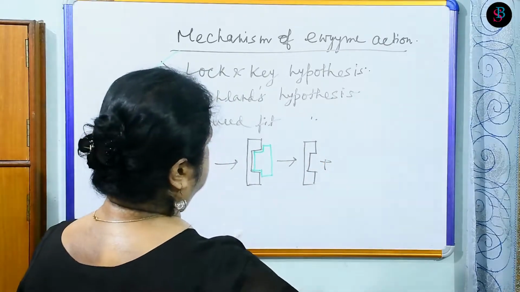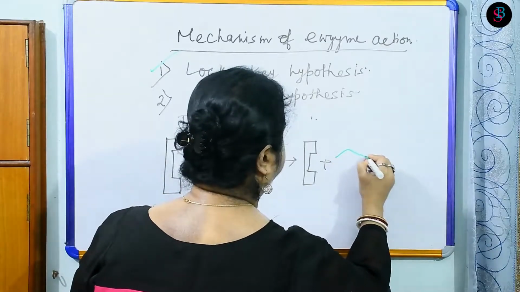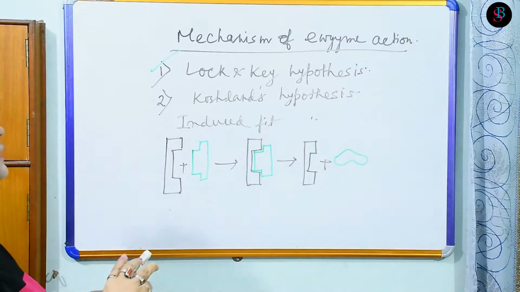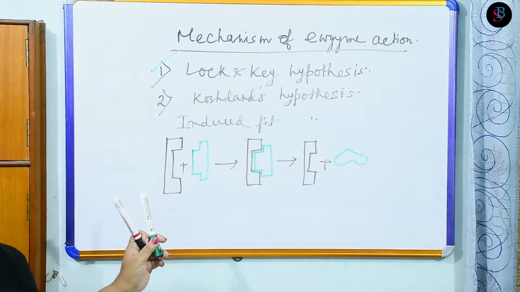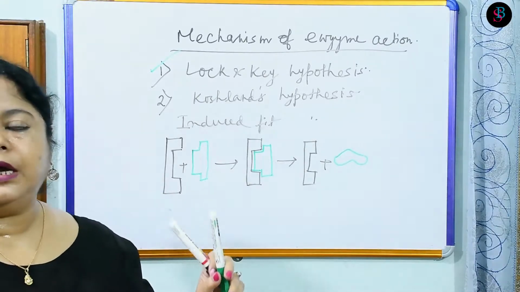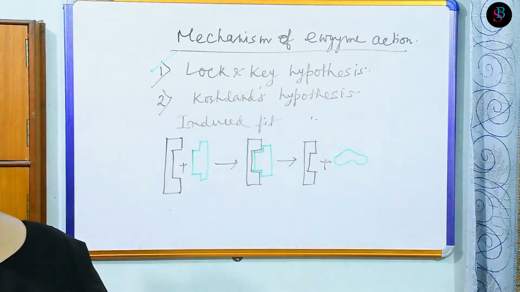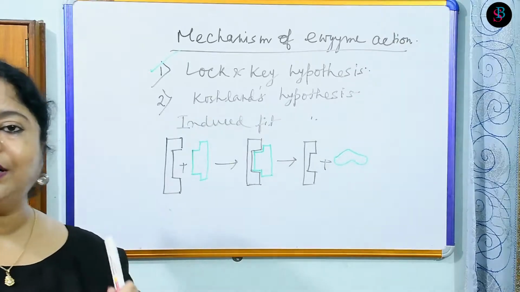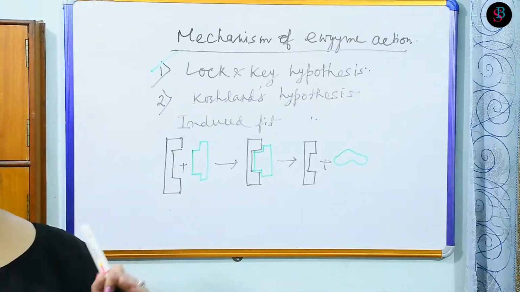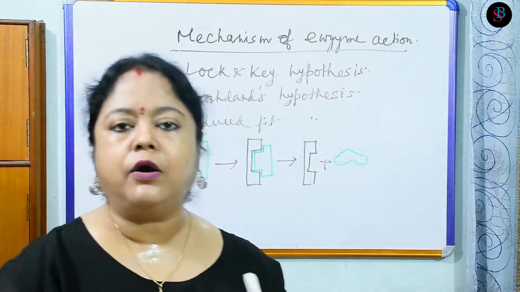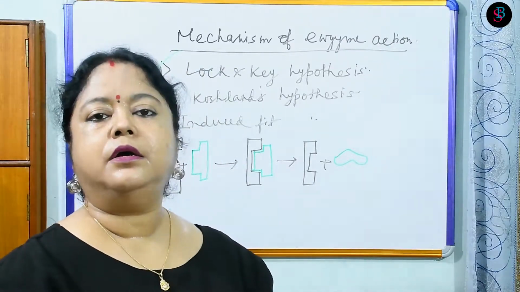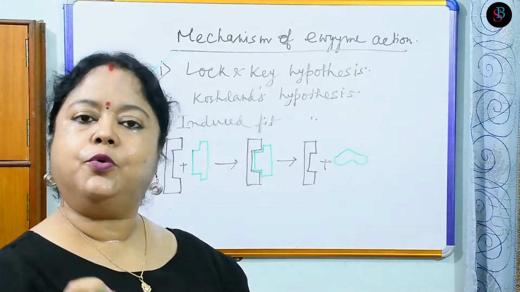Now what's the role of the lock and key here? Suppose this is the lock, enzyme is the lock. Lock has a groove and the key has to fit with that groove, and it's very specific that only one key can operate one lock. So here also one enzyme can act on one substrate.